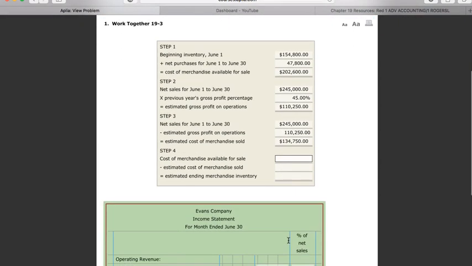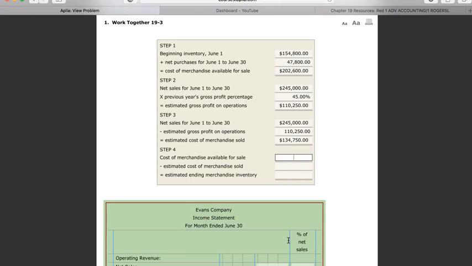All right, let me pull this up for you. Now step four is going to ask for our cost of merchandise available for sale. And that is up here. So that's 202,600 minus our estimated cost of merchandise sold, which we can find right here. So that's 134,750.